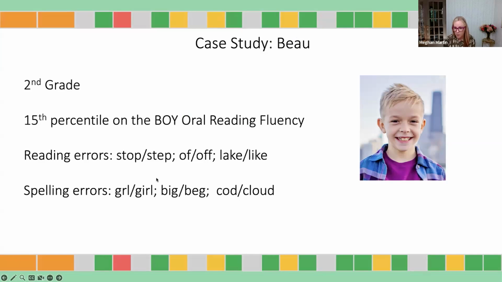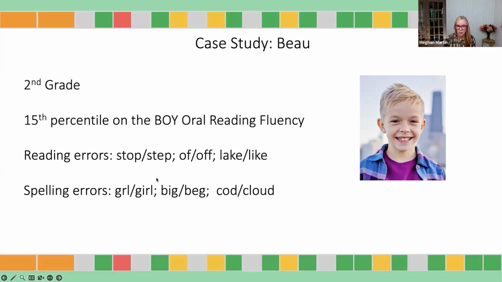So meet Bo. Bo is a second grader who loves to be outside playing sports, and learning to read has been challenging for him. He is able to read some familiar words, but he struggles to easily decode new words. He's only connected some graphemes to phonemes, resulting in an incomplete storage of the written word in his memory. When he's reading, he will often guess at words based on that first sound.